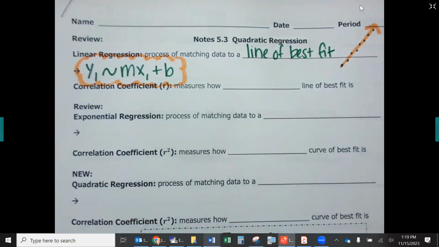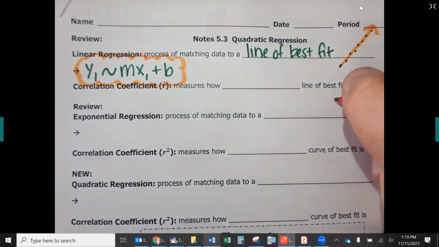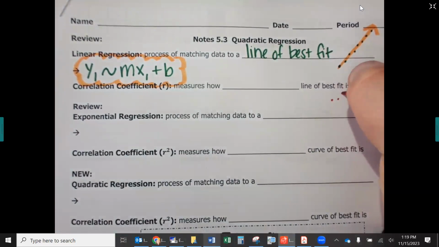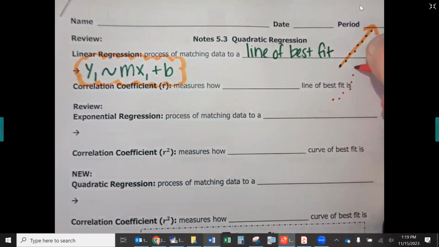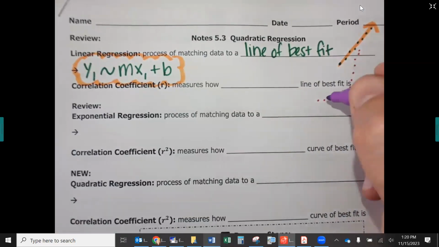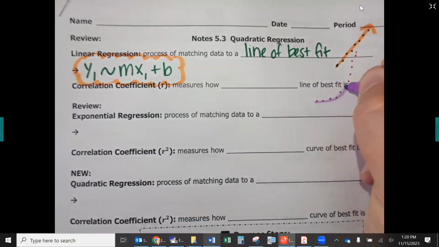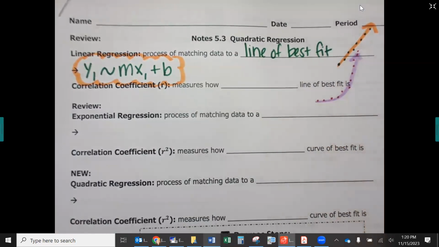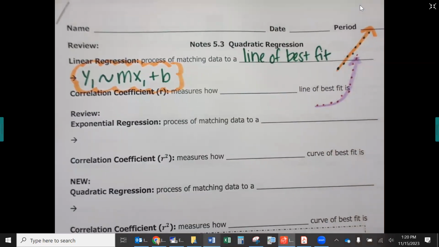Then last class, we learned how to do a different type. And that was when it was an exponential. And it's when your dots did this. Instead of being a straight line, they kind of ended up making more of a curve. Okay? So if your graphs make this shape, instead of calling it a line of best fit, we called it a curve of best fit.